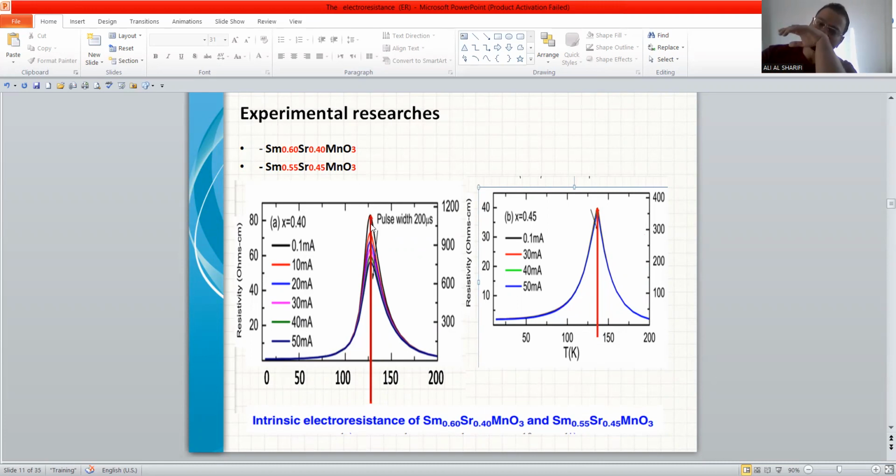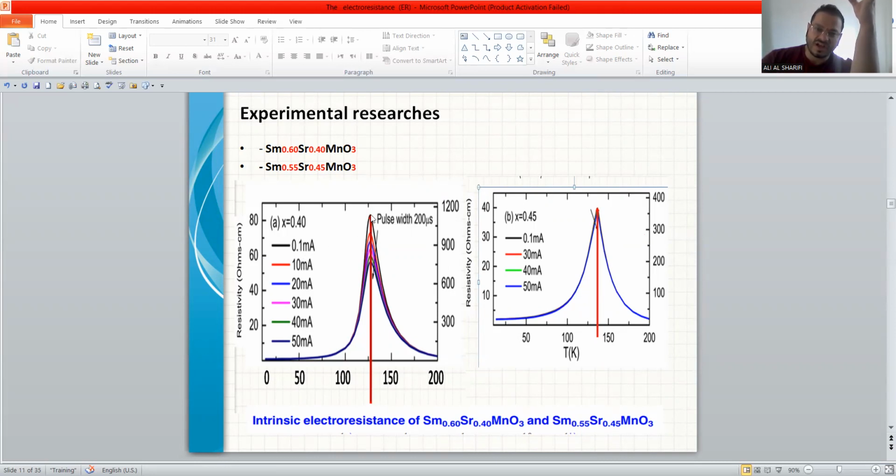Okay? Increasing, and after that, when it crosses 130 K, the high point, it starts to decrease again until 200 Kelvin. Here we have an important thing. When we increase the current, the resistance decreases.